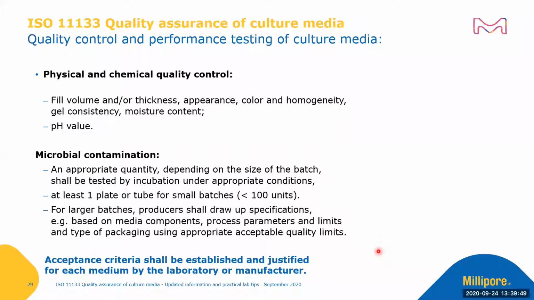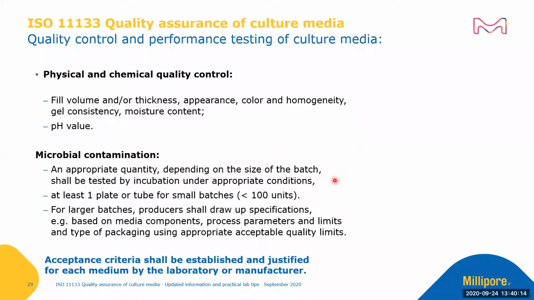For the physical and chemical quality control, fill volume and thickness, appearance, color and homogeneity, gel consistency, moisture content, and pH have to be controlled. For the microbial contamination, an appropriate quantity, depending on the size of the batch, shall be tested by incubation under appropriate conditions.